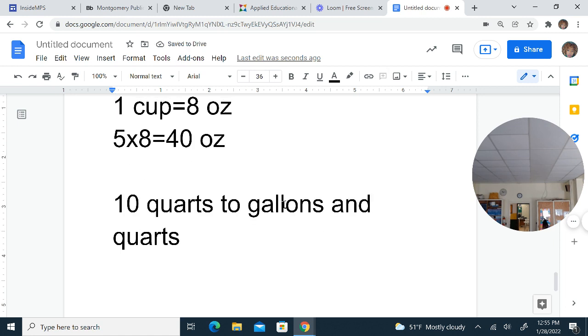What's the conversion? 1 gallon equals 4 quarts.